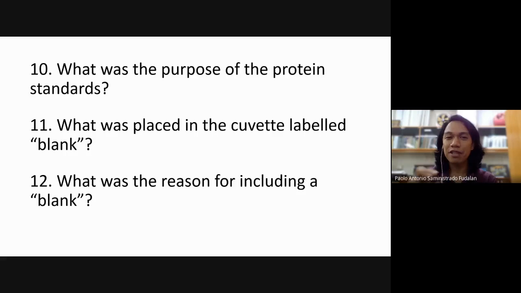If you can remember in the sequence of putting the cuvettes in the spectrophotometer, I started with a blank, diba? And there's really a specific location there labeled B inside the spectrophotometer where you put the blank in. Why is it important to do that first before you put your samples?